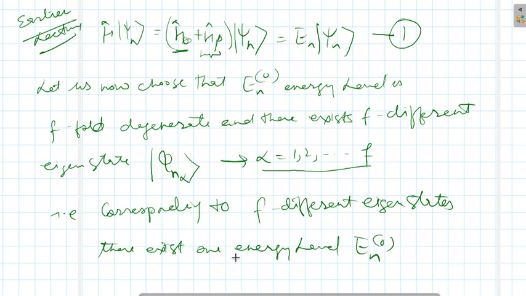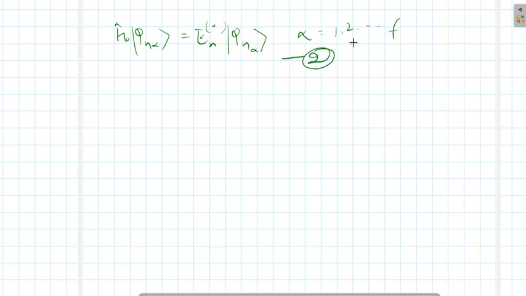What does it mean mathematically? It means that H naught acting on ket phi n alpha is equal to E n naught phi n alpha, where alpha is 1, 2, and so on up to f. Let me call it equation number 2.